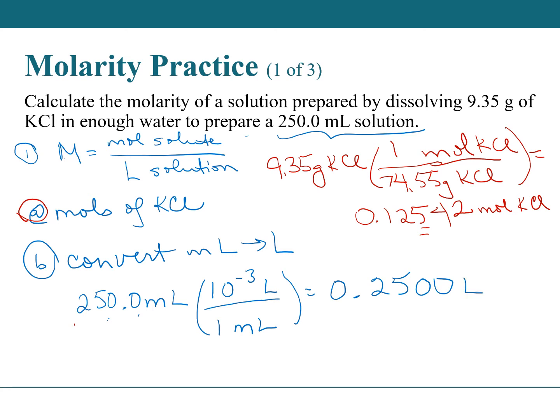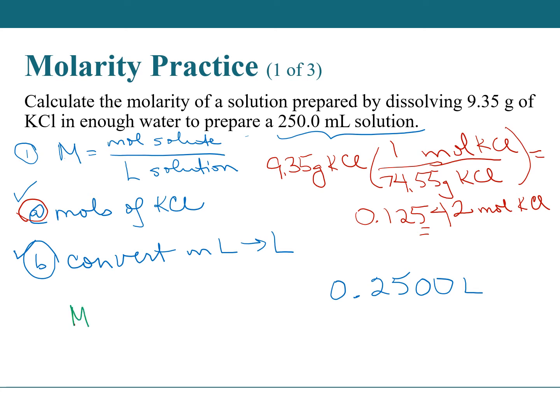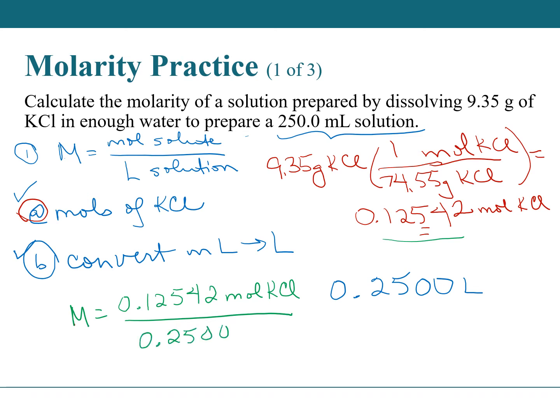Now I have liters, I have the moles, and we can move on to our equation. So molarity is going to be equal to 0.12542 moles of solute, moles of potassium chloride, divided by the volume, which is 0.2500 liters of solution. Remember, those zeros are significant, so you can't drop them.